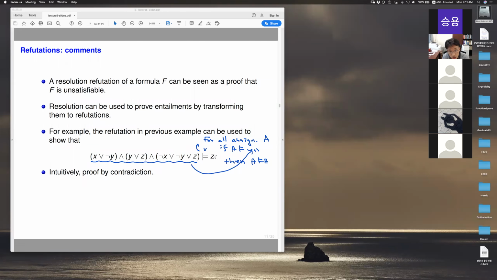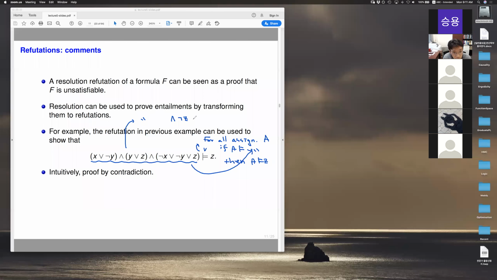To prove this implication indeed holds using the resolution proof system, what you have to do is take the entire formula on the left-hand side of this semantic entailment sign, and combine it with the negation of the conclusion.